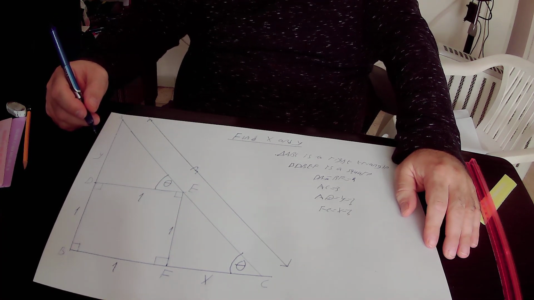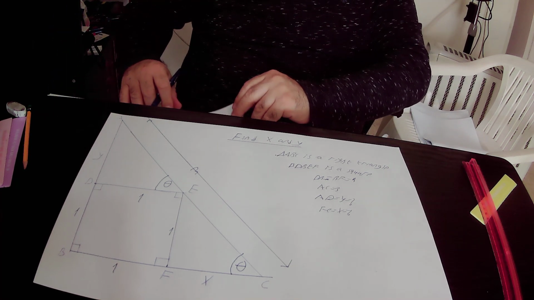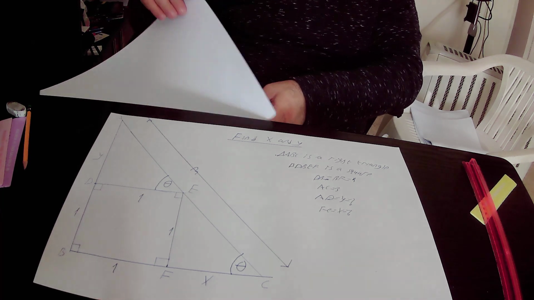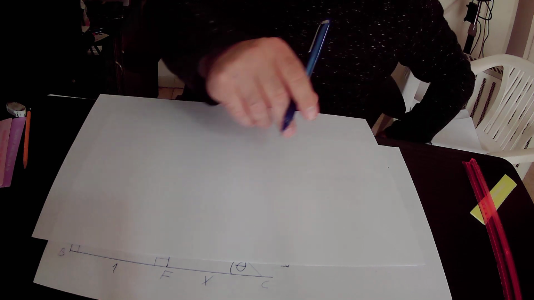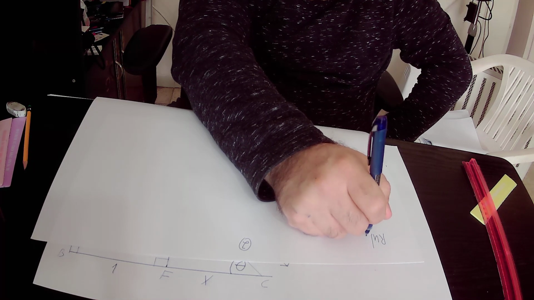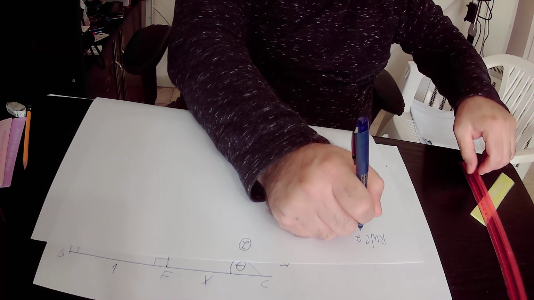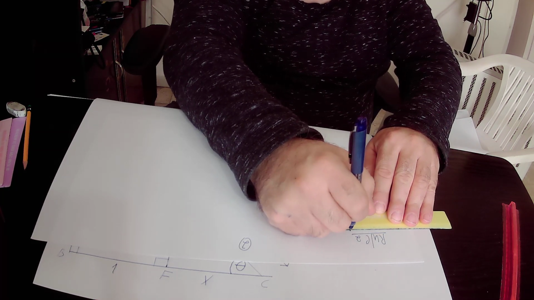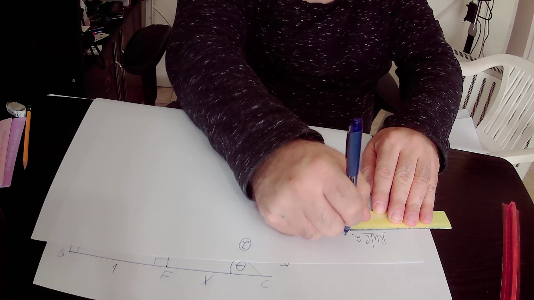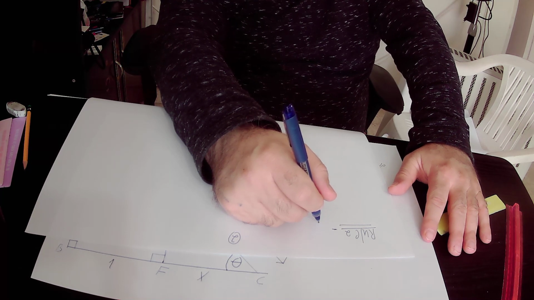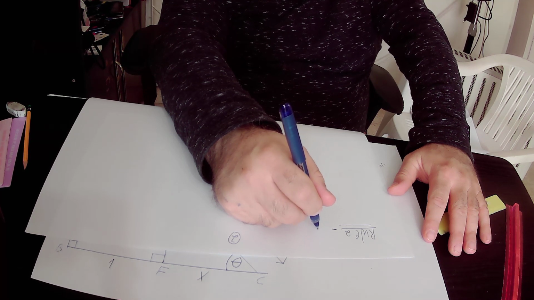In the next step I will present a new rule, rule number 2. According to rule number 2, the sum of the angles on one side of a straight line is equal to 180 degrees. I write it down.